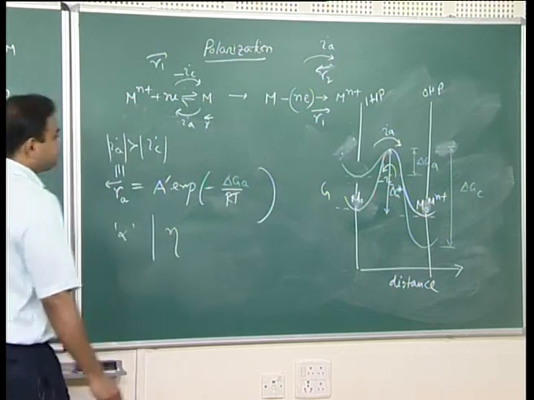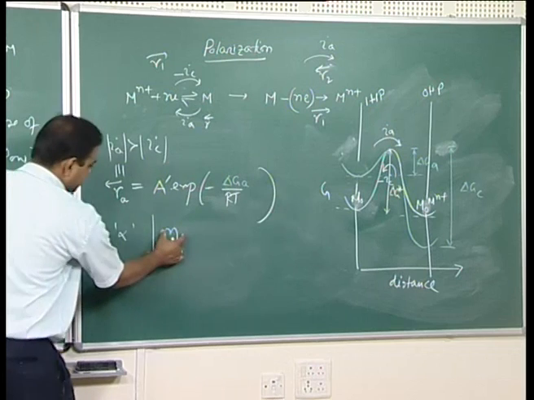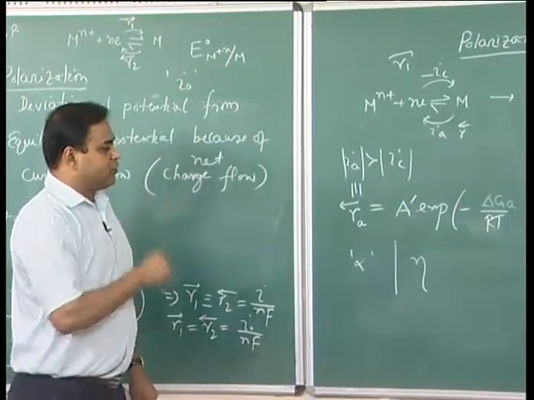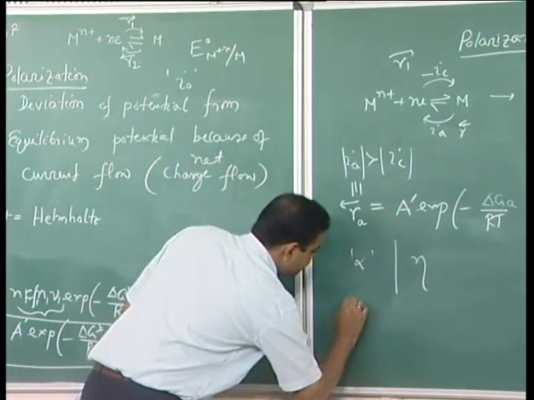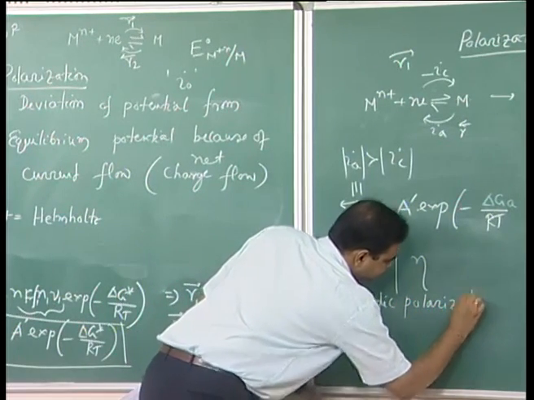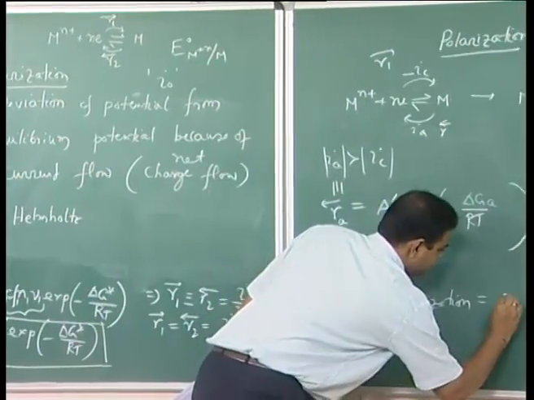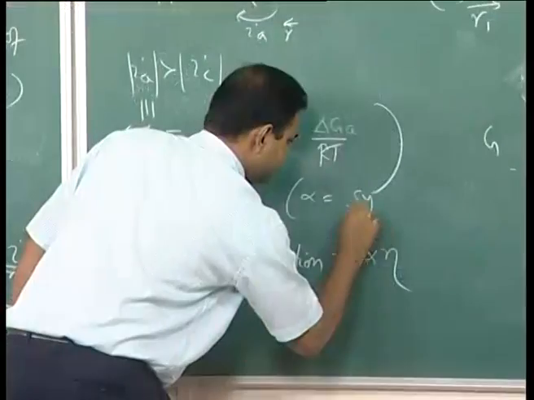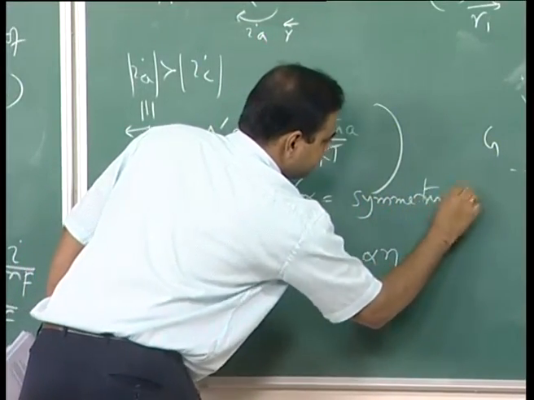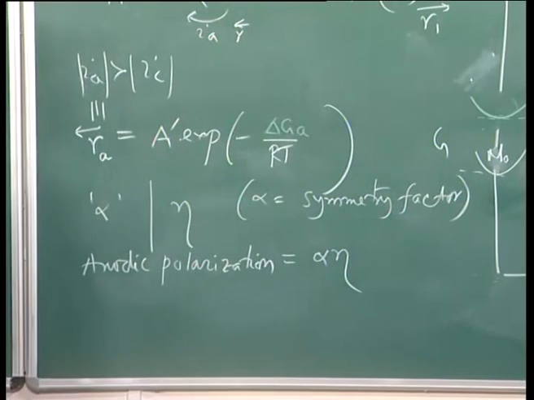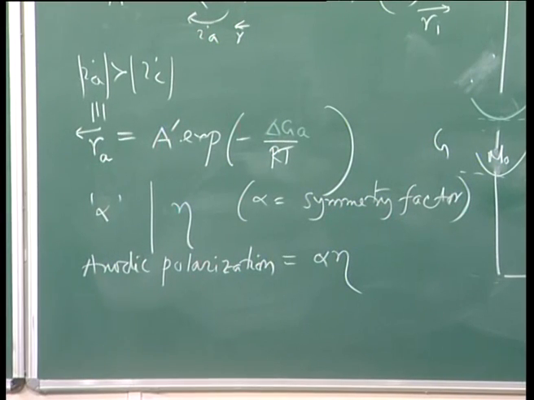So, what would be my anodic polarization if this is my total and this is my alpha, which is the fraction of the total polarization that is coming as anodic polarization? Here alpha is the symmetry factor, or it can be called the extent of polarization of the anodic process.